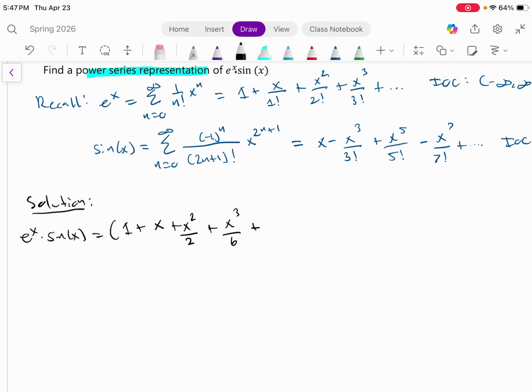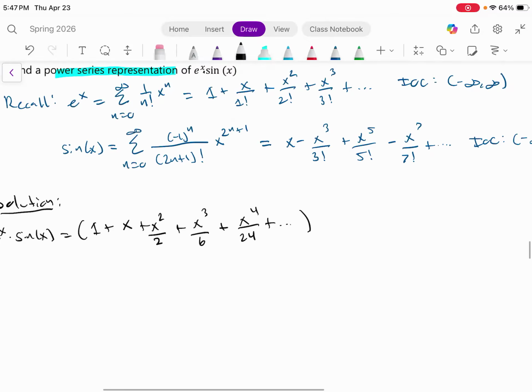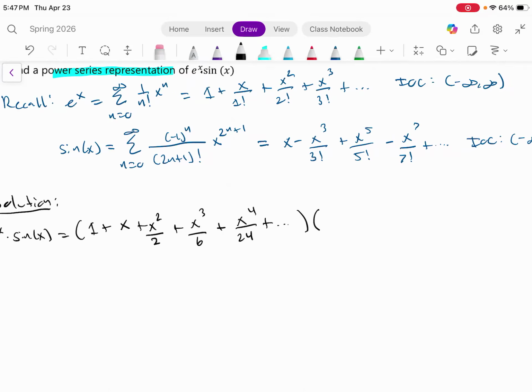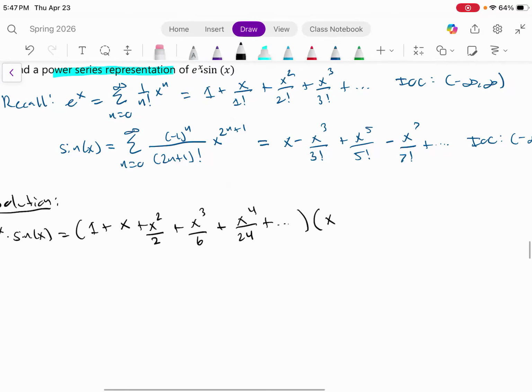Let's do one more term: x to the 4th over 4 factorial, which is 24, dot dot dot, times sine, which is x minus x cubed over 6 plus x to the 5th over 120, minus dot dot dot.